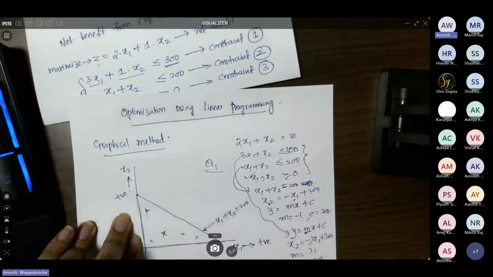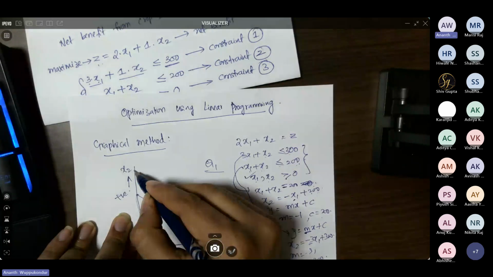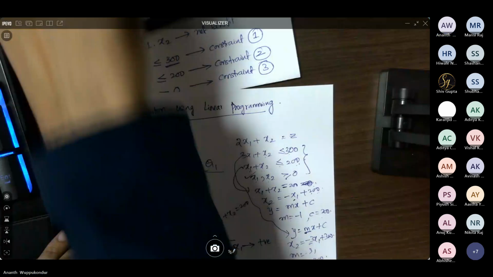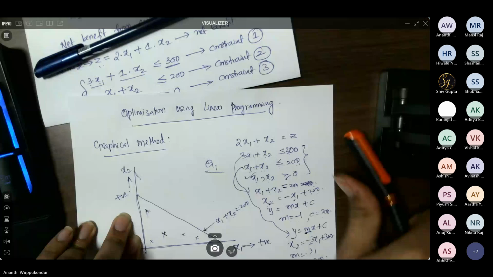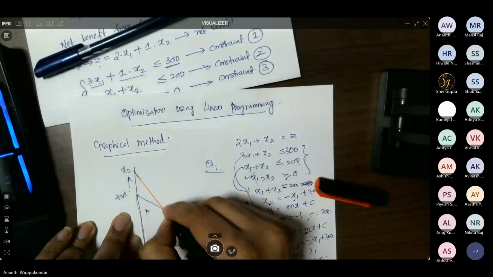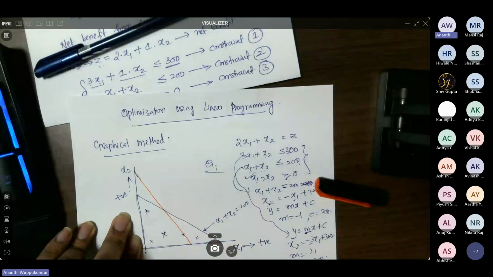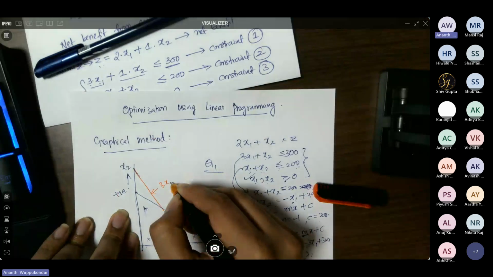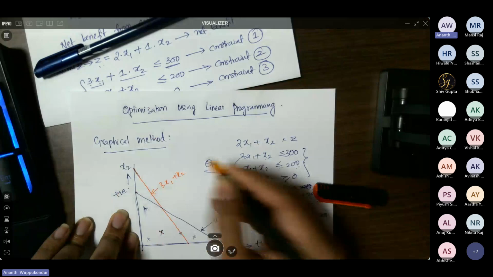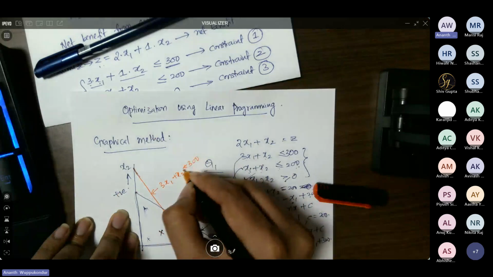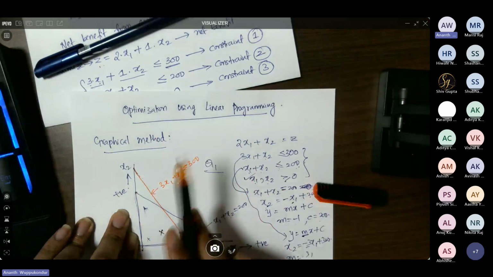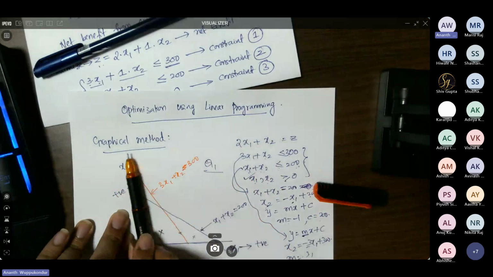Now I have a new line that I can plot on this quadrant 1. Let us say this is my new line, 3x1 plus x2 less than or equal to 300. We are interested in the region that falls below the line and between the axes.